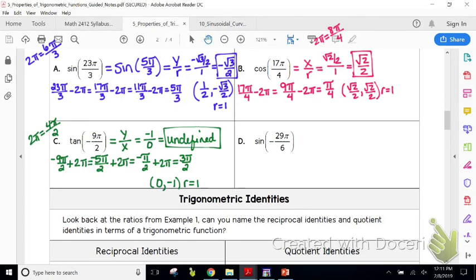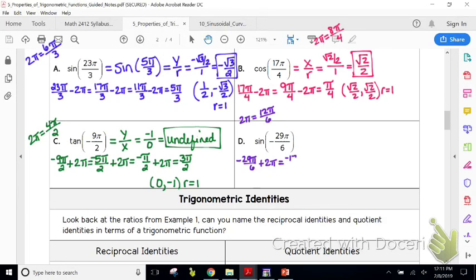All right, in D, negative 29 pi over 6, again, is not on my unit circle. It's negative, so it's too small, so I'm going to add 2 pi. And remember, for 2 pi, use the same denominator, double it for the numerator. So it's 12 pi over 6.